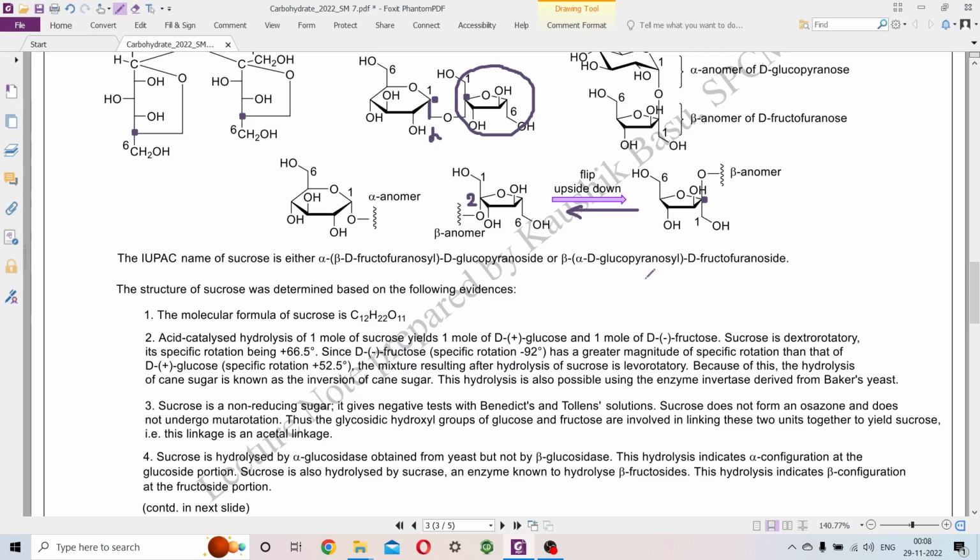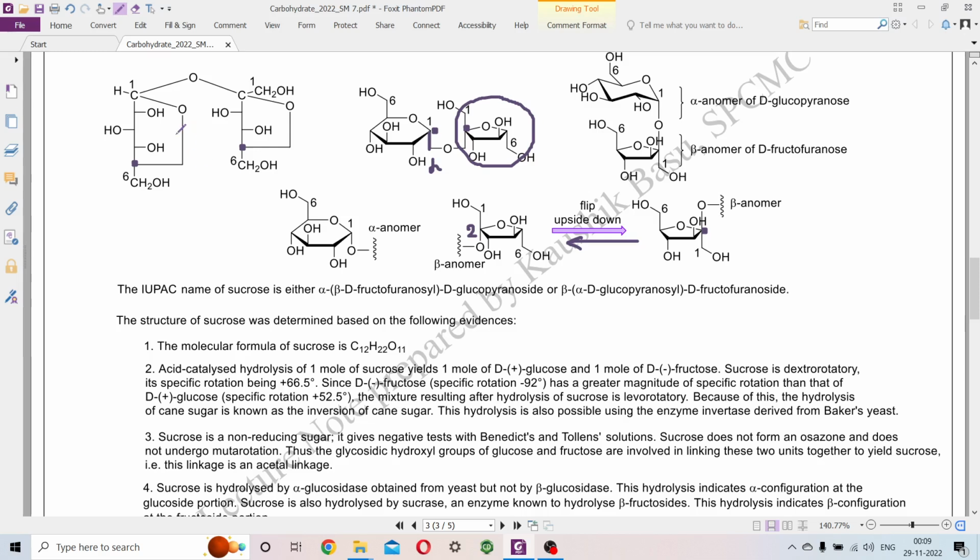Mutarotation is something entirely different, where two hemiacetal forms, two anomers, equilibrate. Here you are doing a chemical reaction, acetal hydrolysis, followed by hemiacetal ring formation. Here you are doing acid-catalyzed acetal hydrolysis to two different monosaccharides.